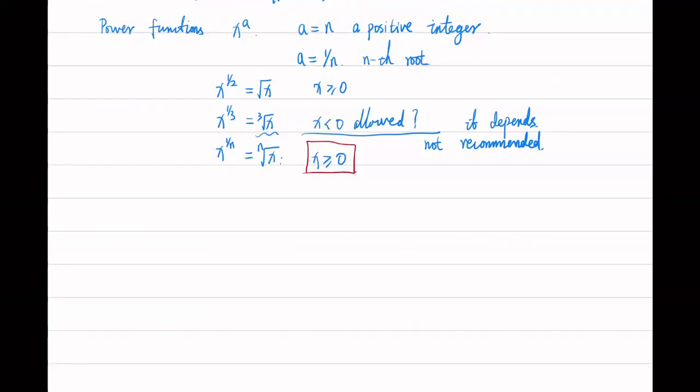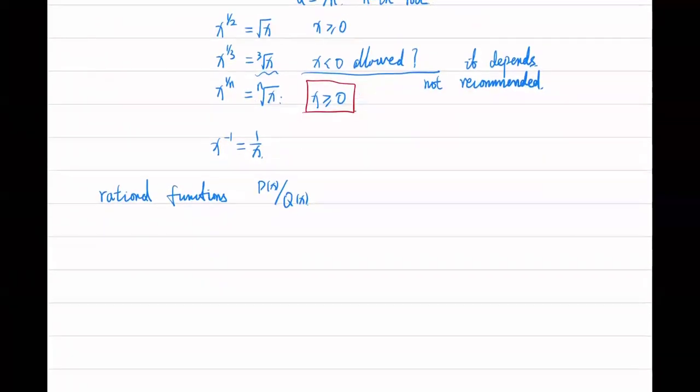And the negative power, we have learned this before, the reciprocal. Okay. And the rational functions. Reciprocal functions.